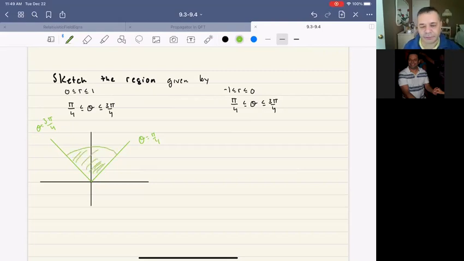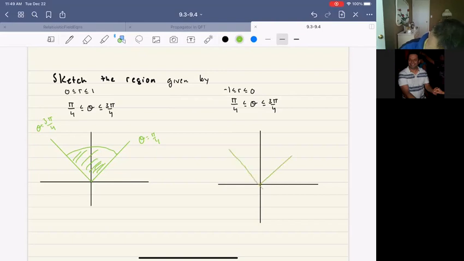Okay. All right, we're going to do the same thing over here, except now our r is going to be from -1 to 0. So I'm going to draw these lines again. But this time, I'm actually going to need to go a little farther out this way. Why? Because my r values are negative. So for example, if I go to theta equals pi over 2, instead of going to 1, it's going to go to -1.